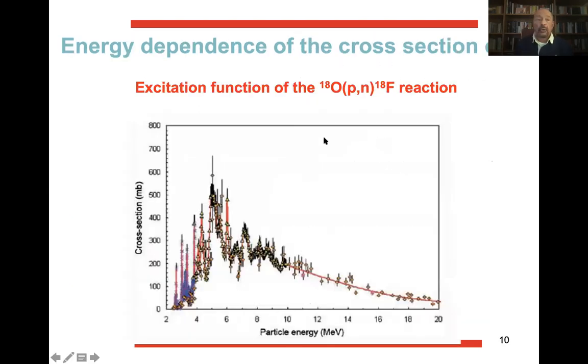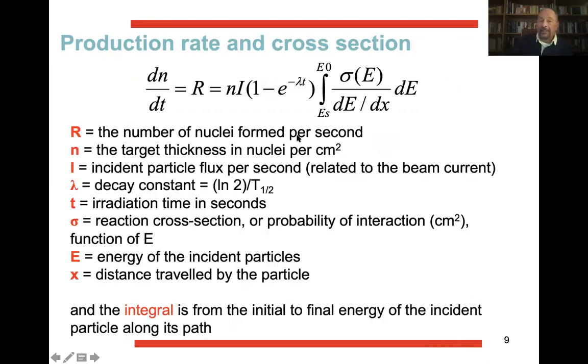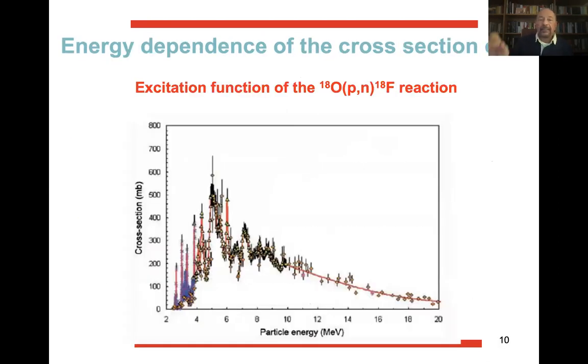Okay? So the cross-section is of course the most important part in this formula, and it is energy dependent, of course, and very often has particular resonance energies. You see, this is the example. For example, this is the reaction that leads to the formation of fluoride, starting from an oxygen-18 target irradiated with protons.